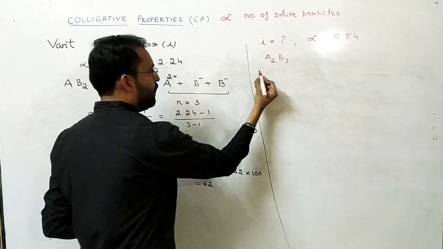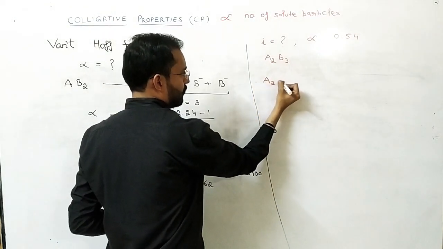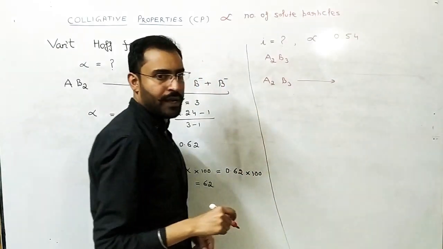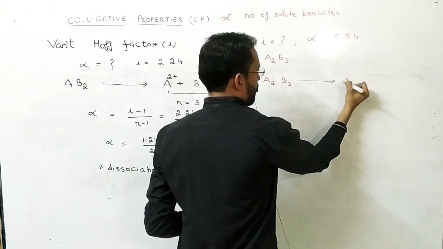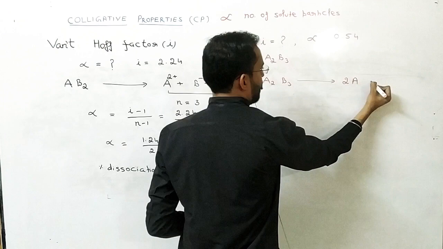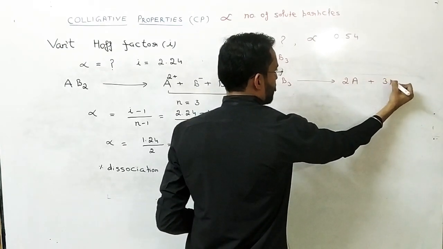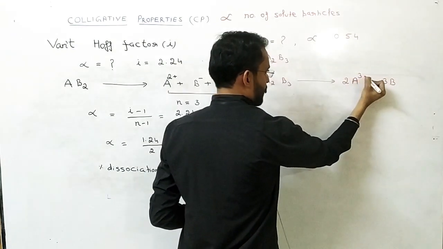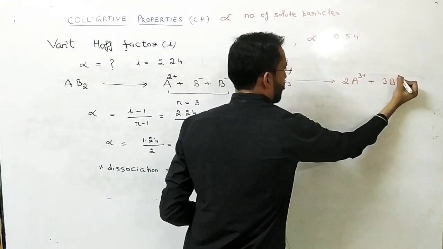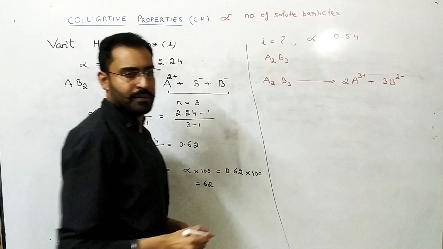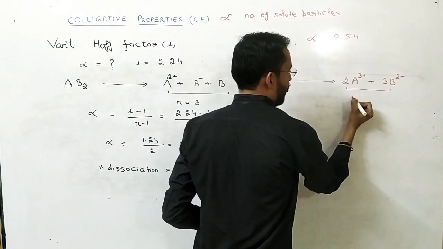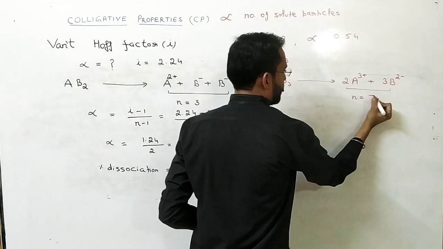Now from A2B3 we can calculate n. 2 particles of A, 3 particles of B. Signs: A3 positive, B2 negative, but we are interested only in the number of particles. n is 5.